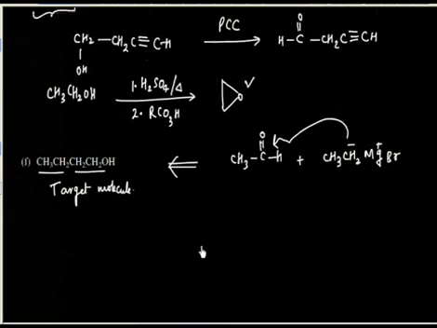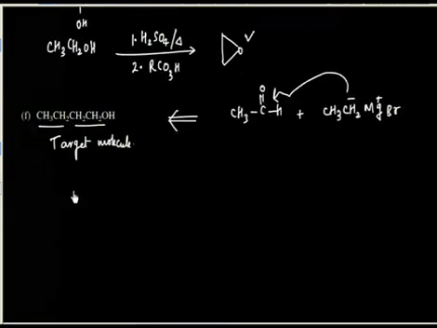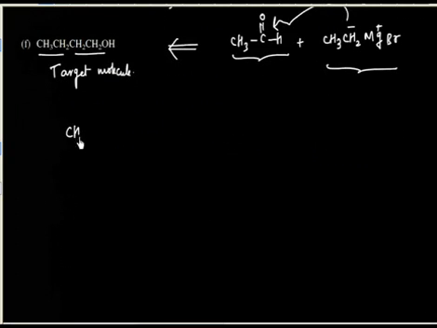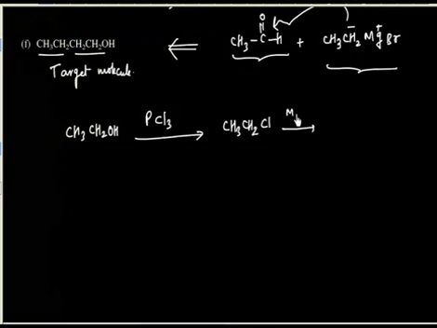How will you prepare this Grignard reagent from 2 carbon? Grignard reagent is easy to prepare. You have alcohol CH3CH2OH. First you treat with PBr3 or PCl3 or SOCl2, you will have CH3CH2Cl, and now treat with magnesium, you will have Grignard reagent CH3CH2MgCl.